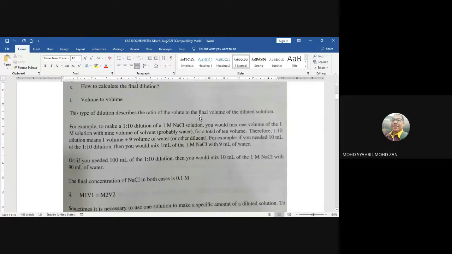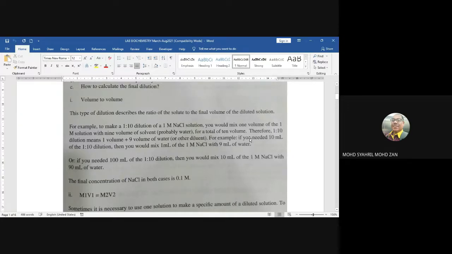So apa kita buat? So we have to mix 1 volume of the 1 molar solution with 9 volumes of solvent, water. Okay. So which part yang kita kena campur dengan air nak dapatkan 1/10 dilution? Part pada kita punya 9 tu, alright. Satu part je kita ambil daripada sodium chloride, okay, and total will be 10 volumes.